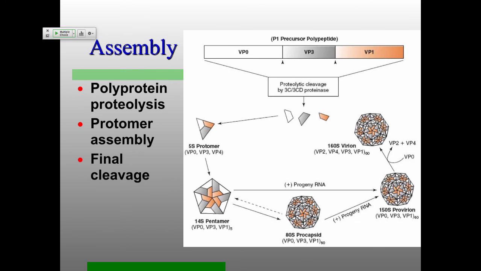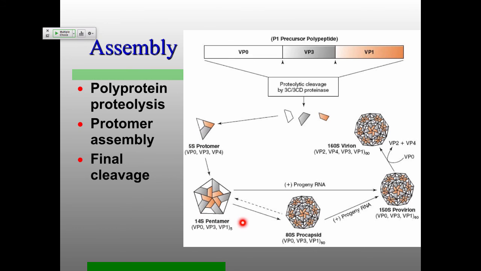So we've made our genome. We need to package it inside a virion. How does that get done? Well, again, we've got our precursor protein, which gets chopped up into smaller pieces by our 3C protease. These guys get assembled into trimers, which are each of the faces of our icosahedron.